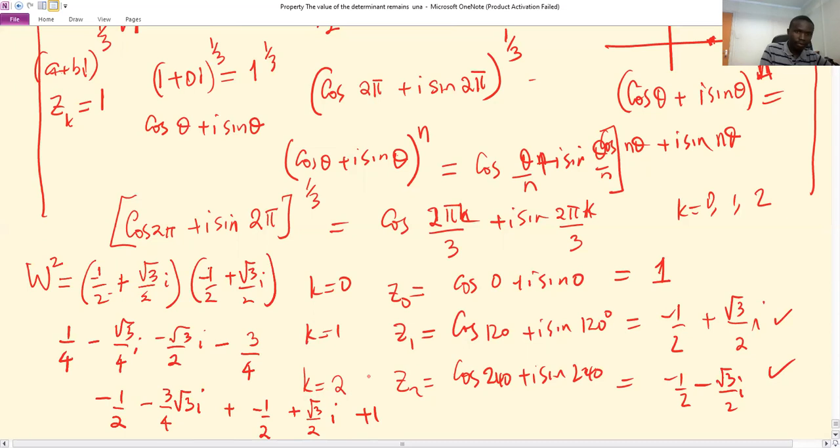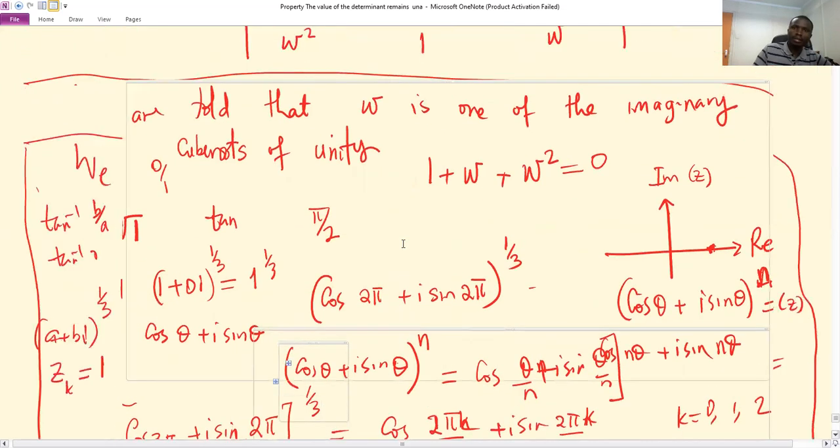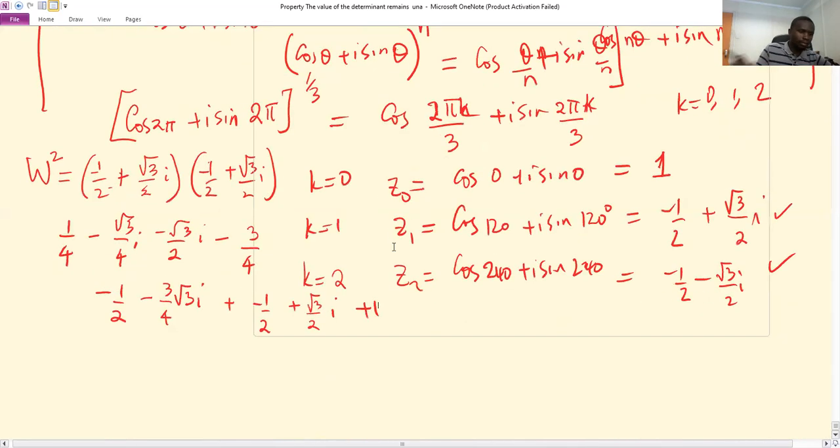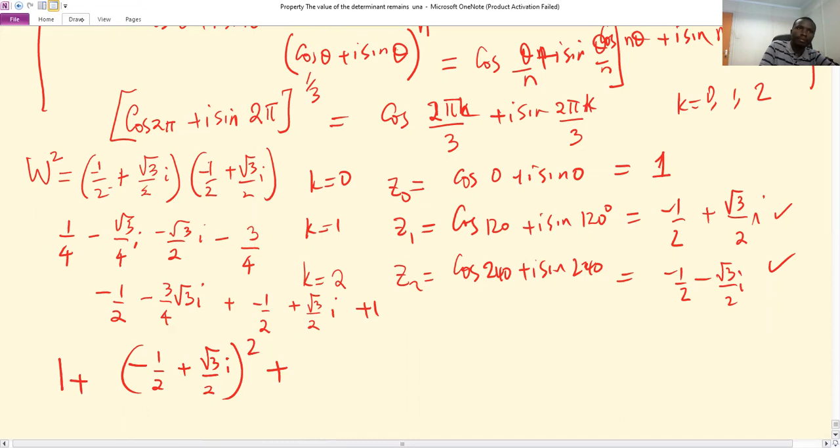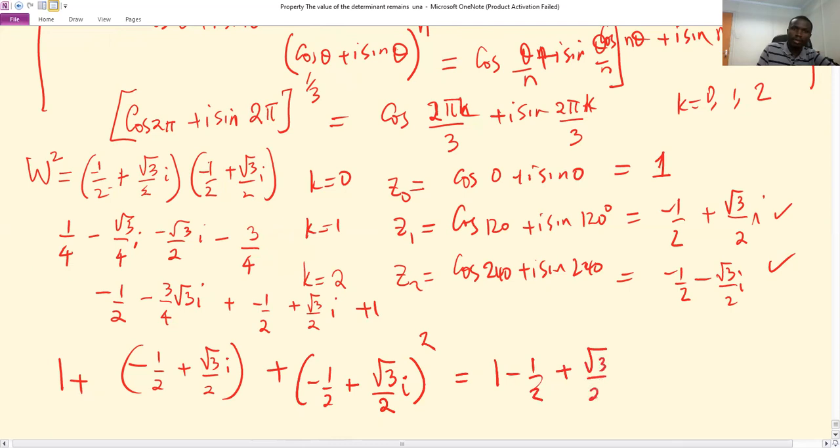And then the imaginary parts cancel. So this is what I have for 1 plus omega squared: 1 plus negative a half plus root 3 over 2 i, squared.